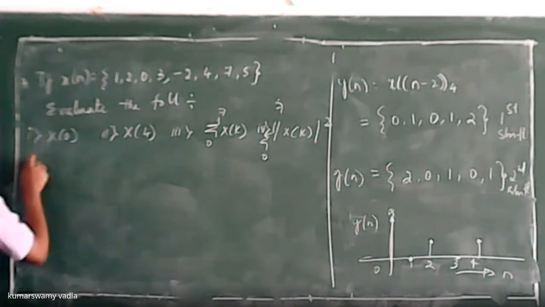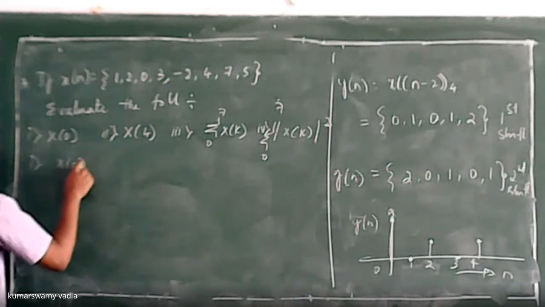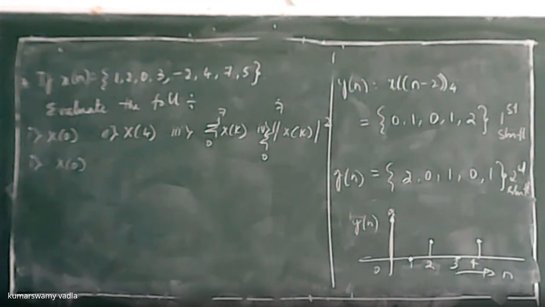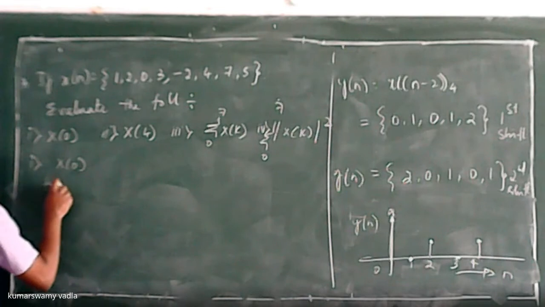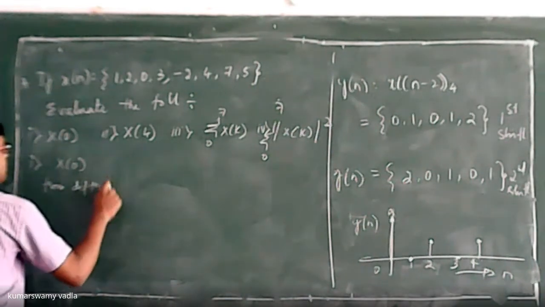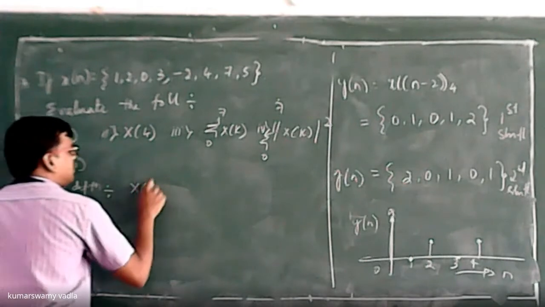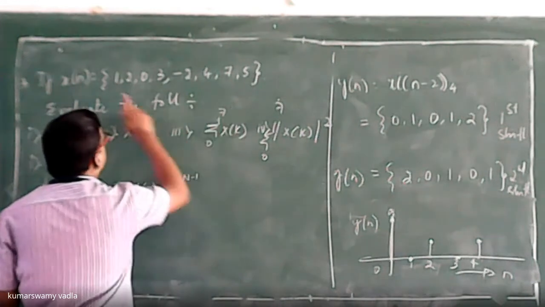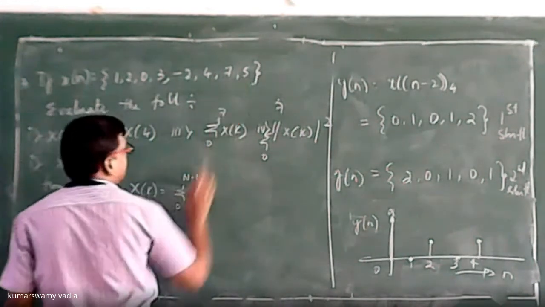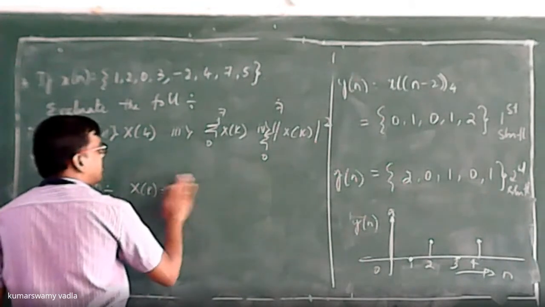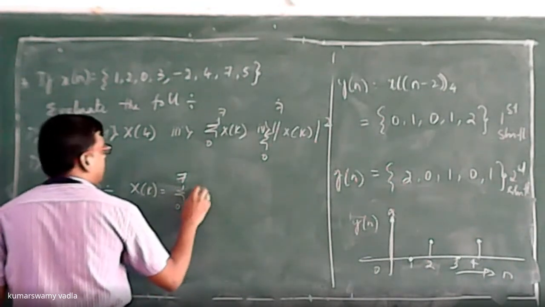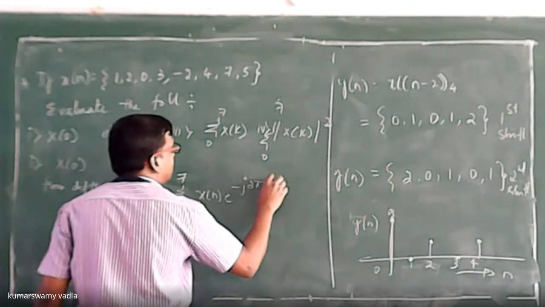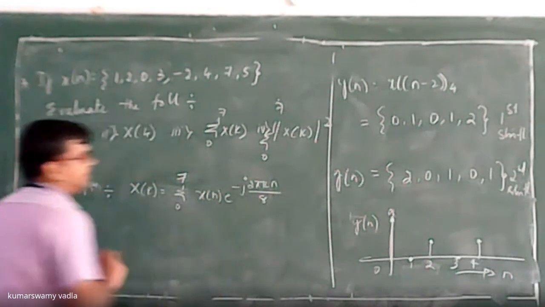First one, capital X of 0, where the k value is 0. From the definition, we know that capital X of k equals the summation from n equals 0 to N minus 1, which here is 0 to 7, because 8 values are given. So it is the summation of x of n e power minus j 2 pi k n divided by 8.